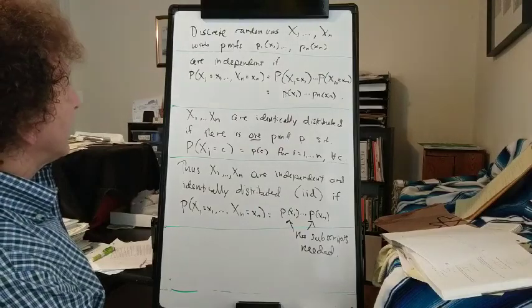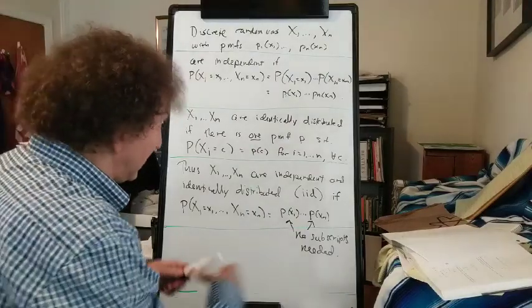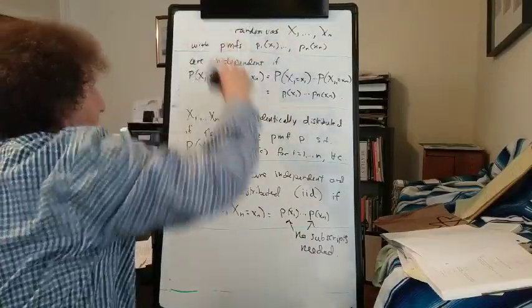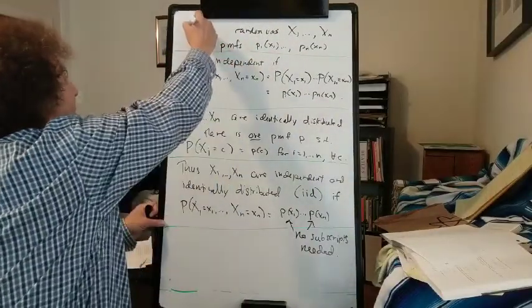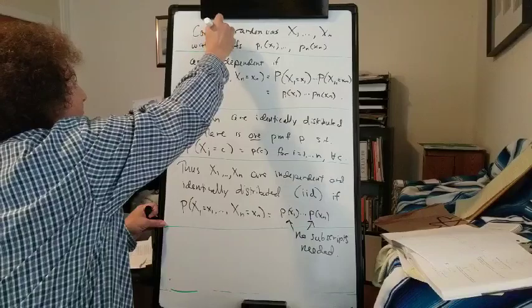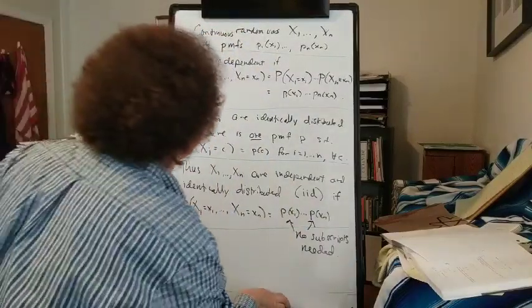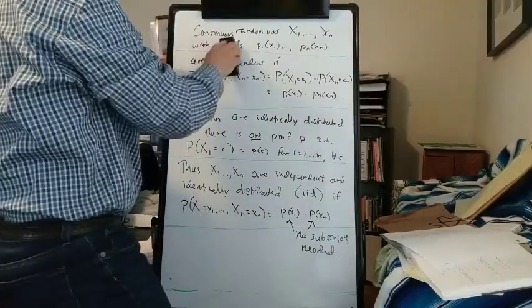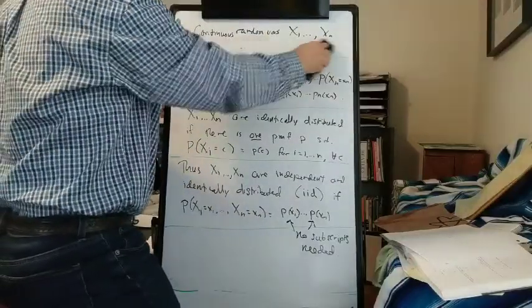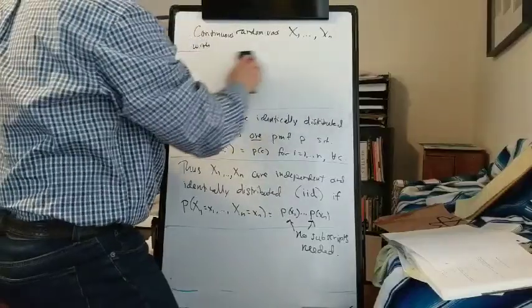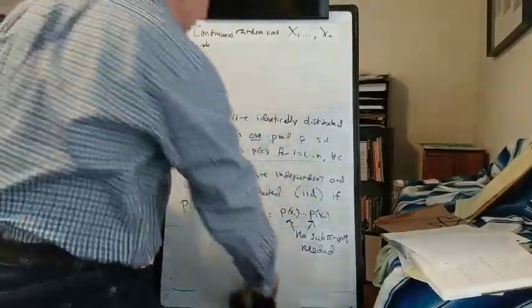Alright, let's look at the continuous case. So continuous random variables. I'm going to write down joint probability density functions and cumulative distribution functions and individual ones.